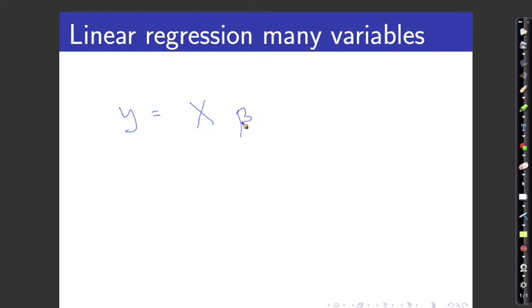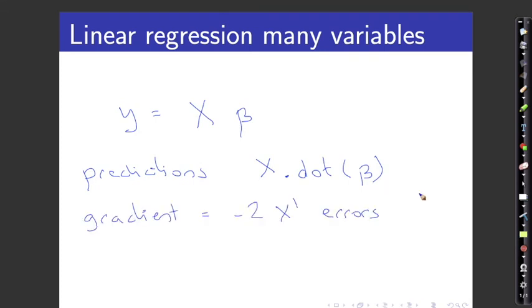In Python, if you require predictions, the array of predictions can be calculated as follows: x dot beta, or whatever variable you store your betas in. The gradient of this system is given by -2 times the transpose of x times the array of prediction errors.